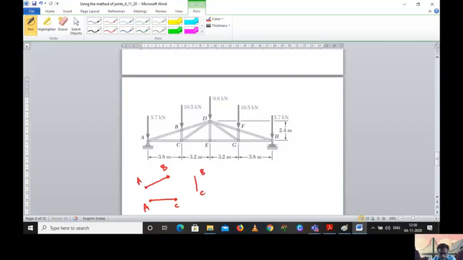Then you have the B and C member, and the C and D member, and the B and D member. Once you know this, the same symmetry applies for HF, DF, GD, and EG, everything.